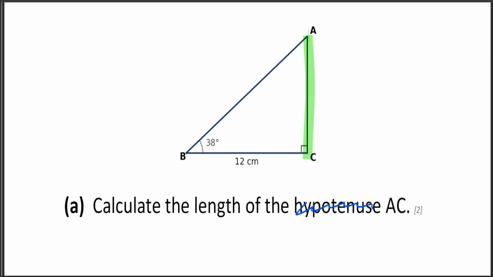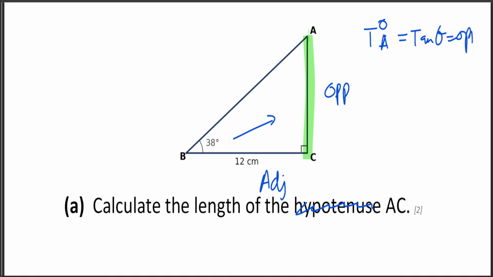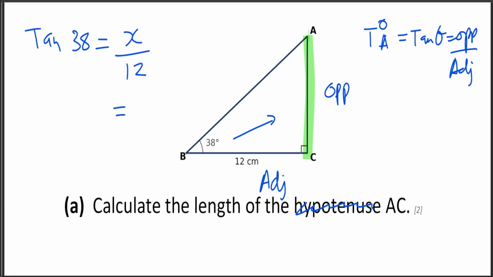To get AC, we know that this one is opposite and this one is adjacent, and therefore the ratio that has opposite and adjacent is tan, because tan theta is equal to opposite over adjacent. So tan 38 is equal to the opposite, which we don't know, x, over 12. To find x, we multiply by 12: that is 12 times tan 38.